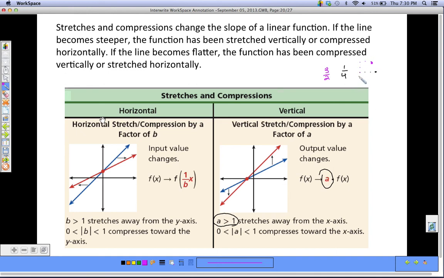You can see that this is a steeper slope. So the larger the number, the steeper it is. The lower the number, the flatter it will be. Okay, so if the line becomes flatter, the function has been compressed vertically or stretched horizontally.